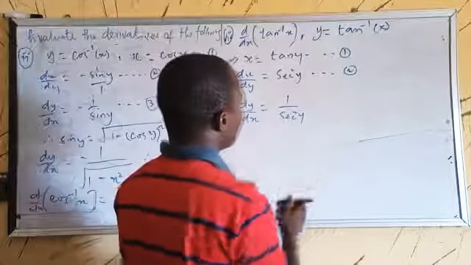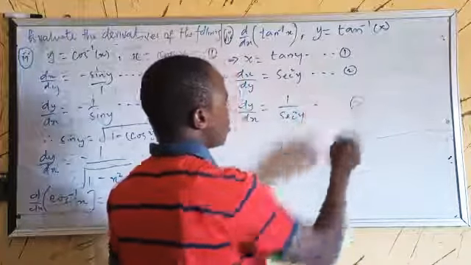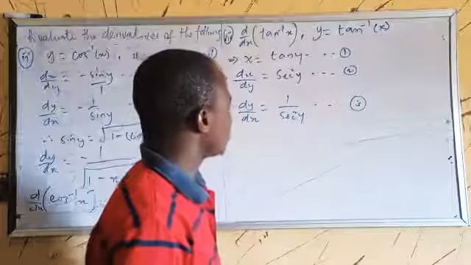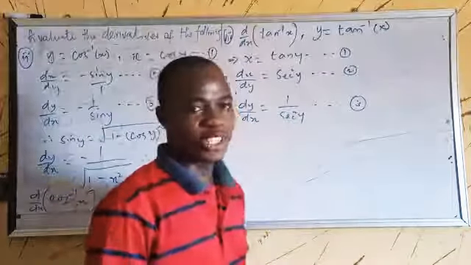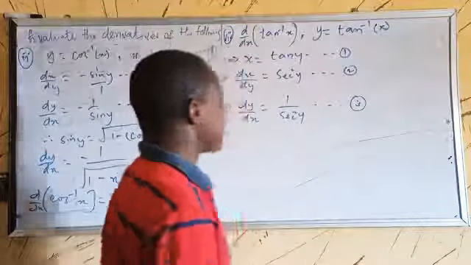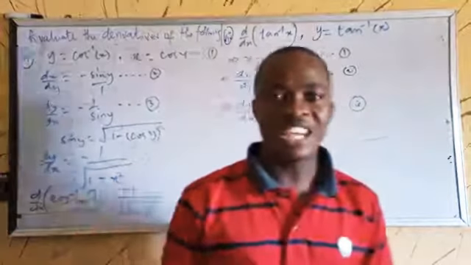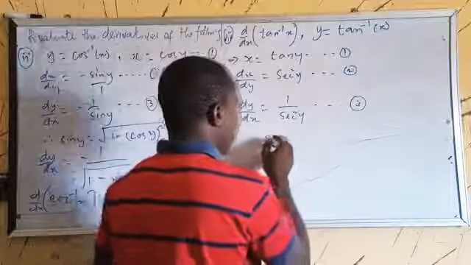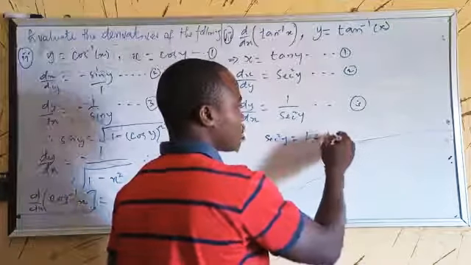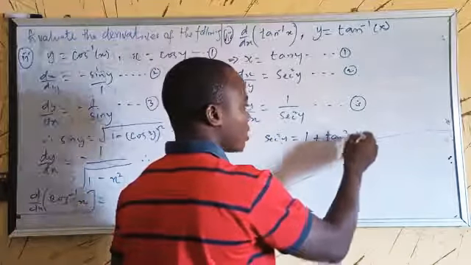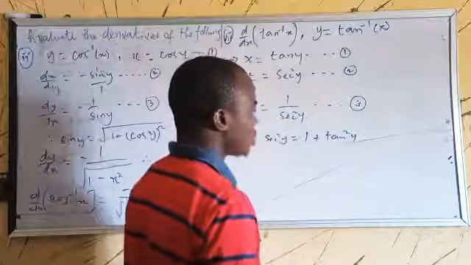Now what is the next thing to do here? Are you getting it? You can see that we have sec squared y. From the trig identity, sec squared y is the same thing as 1 plus tan squared y.